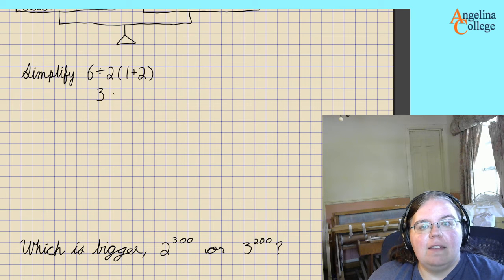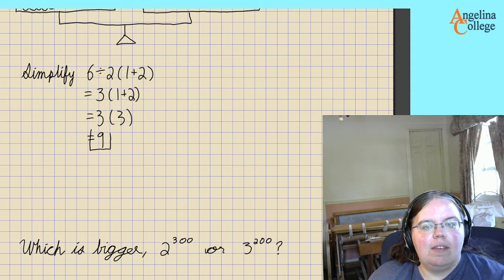So that would tell us that what we have here is 3 times 1 plus 2. And then within the parentheses we'd say, okay, well, 1 plus 2 is 3. So the official right answer to this expression would be 9.